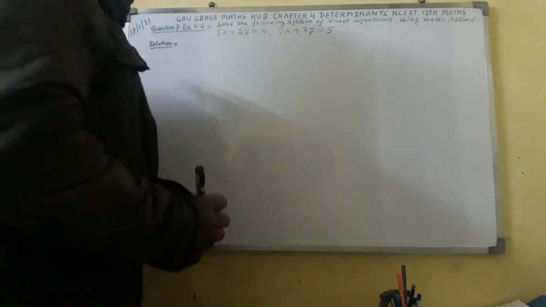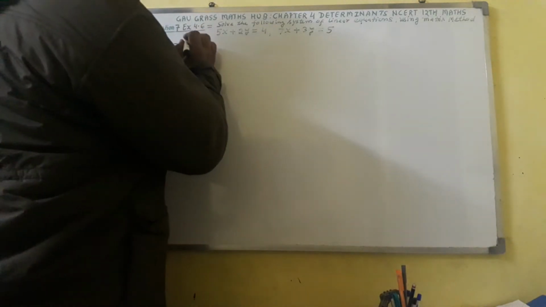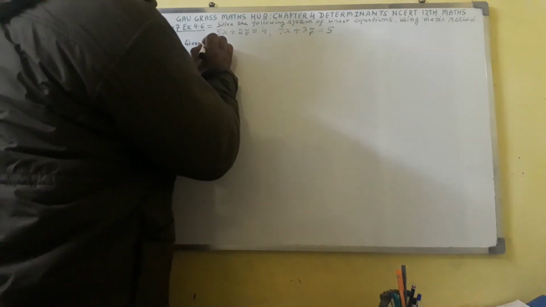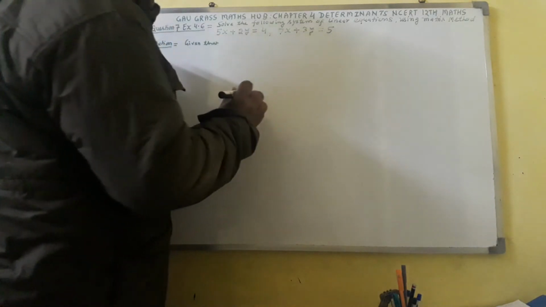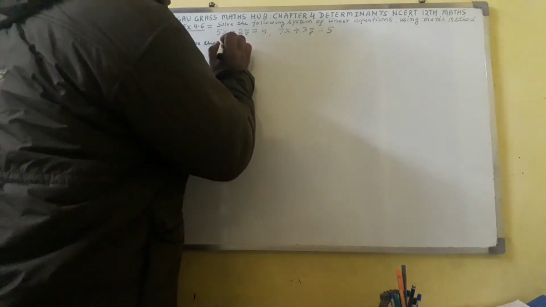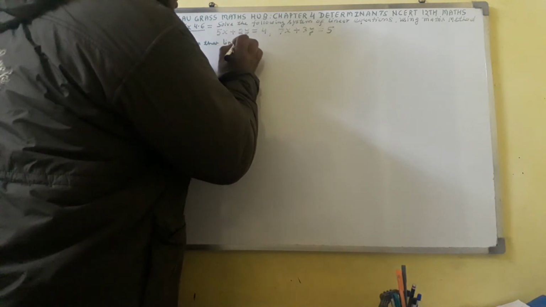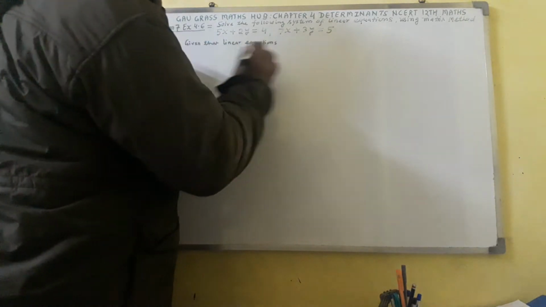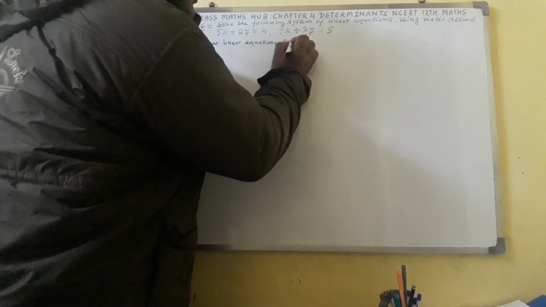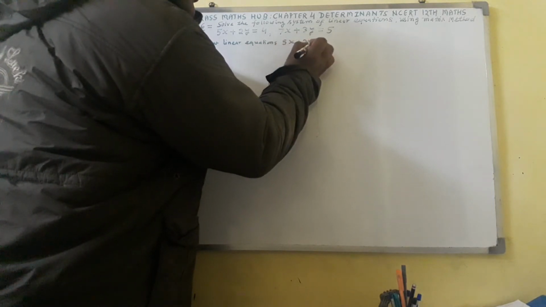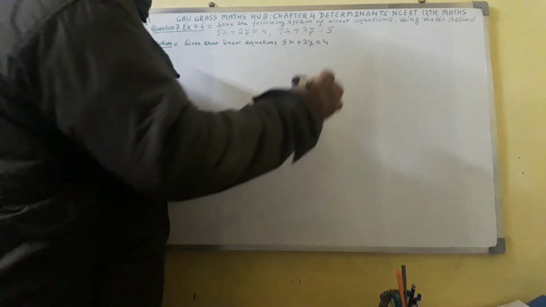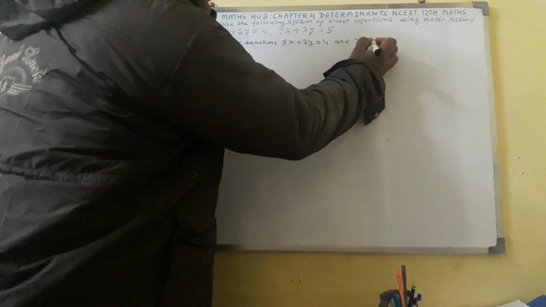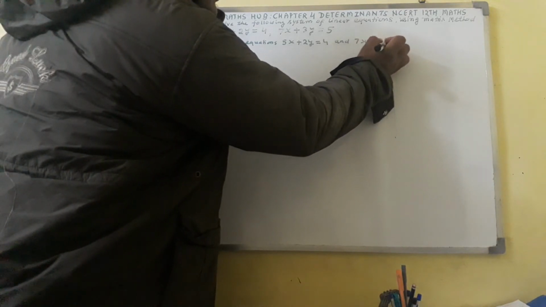Solution equal to, given that linear equations 5x plus 2y equal to 4 and 7x plus 3y equal to 5.